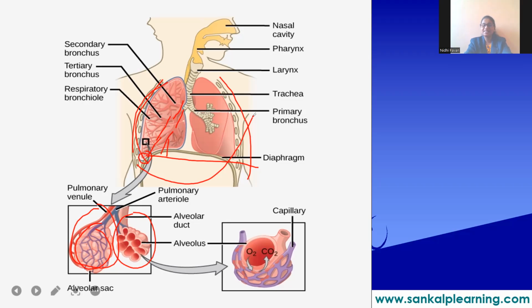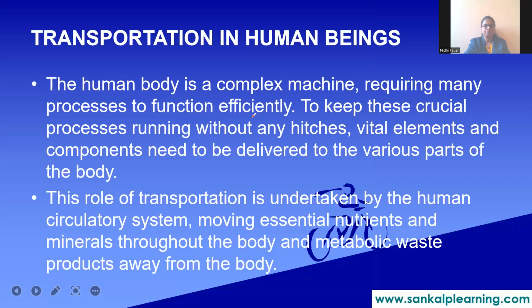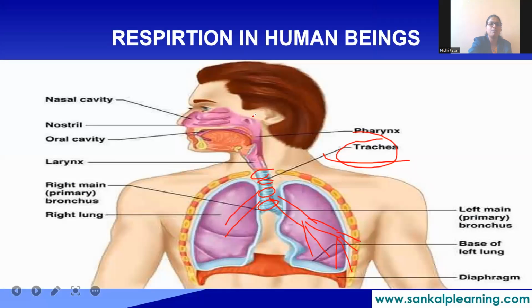Next, as I said, oxygen is utilized during respiration, carbon dioxide is released, and energy is released. That energy will be in the form of a molecule called ATP. The energy which is released is converted into the form of ATP. The full form is adenosine triphosphate. These ATP molecules are inert, not active.